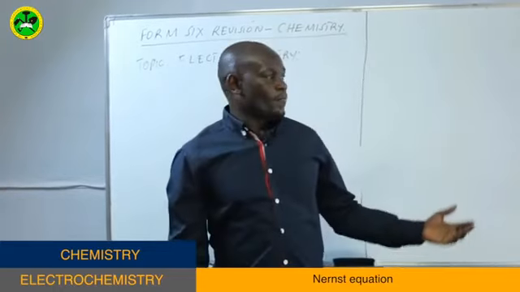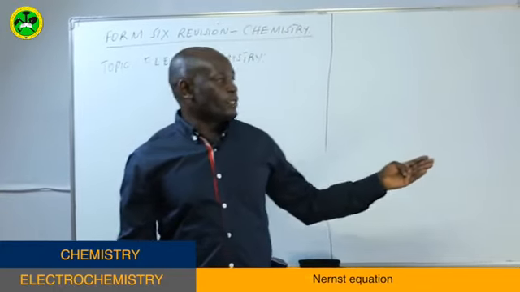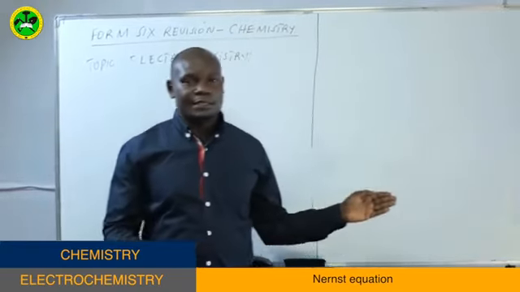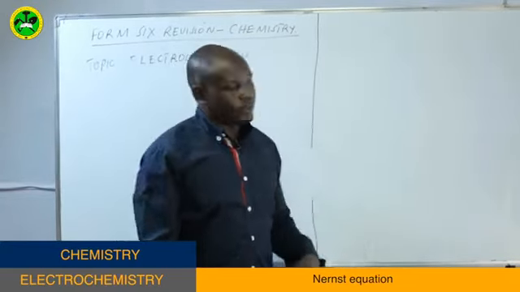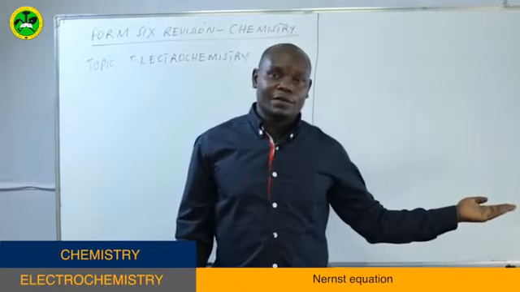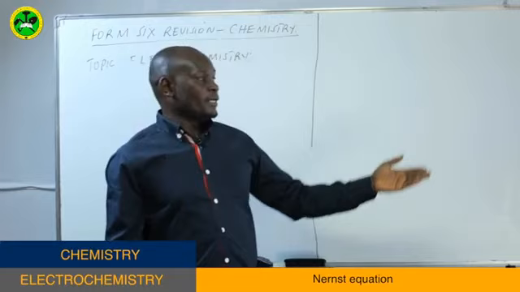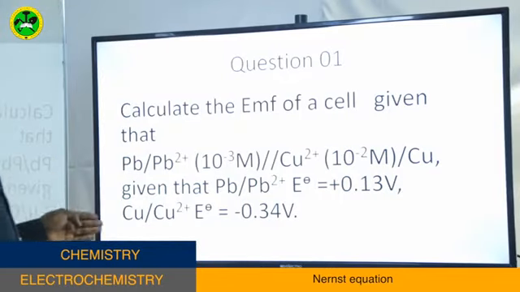Welcome back for solving some sample questions that may fasten your understanding of what we have discussed. Sometimes you may find them in your exam, and if you do, I'm sure you'll be able to do it. So let us consider question number 1.